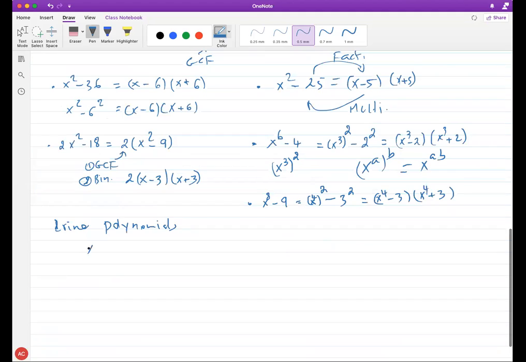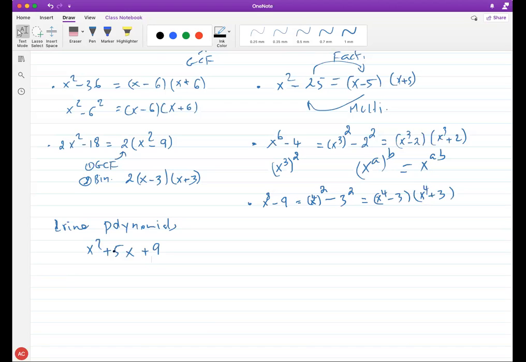For example, x to the second plus 5x plus 9. If you try to find two numbers that multiply to 9 and add up to 5, can you find two numbers that do that?